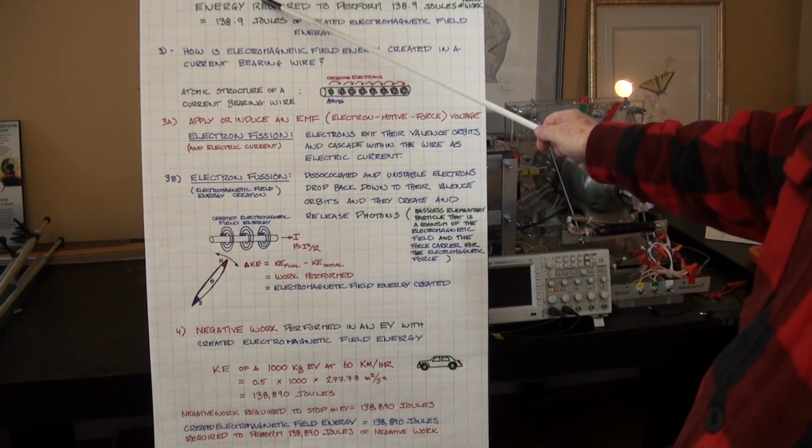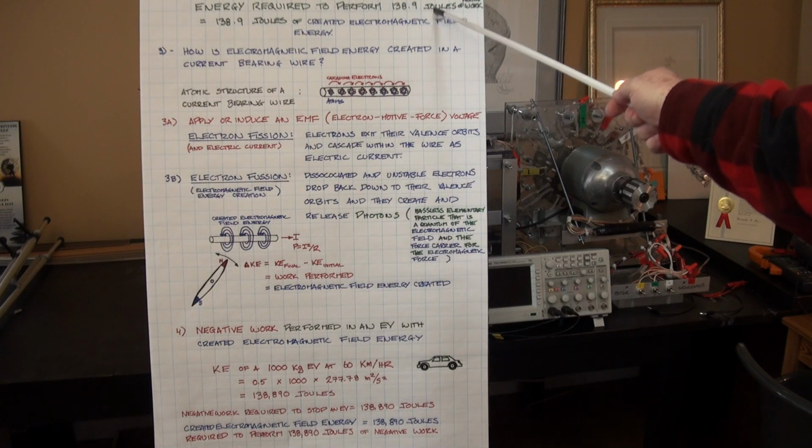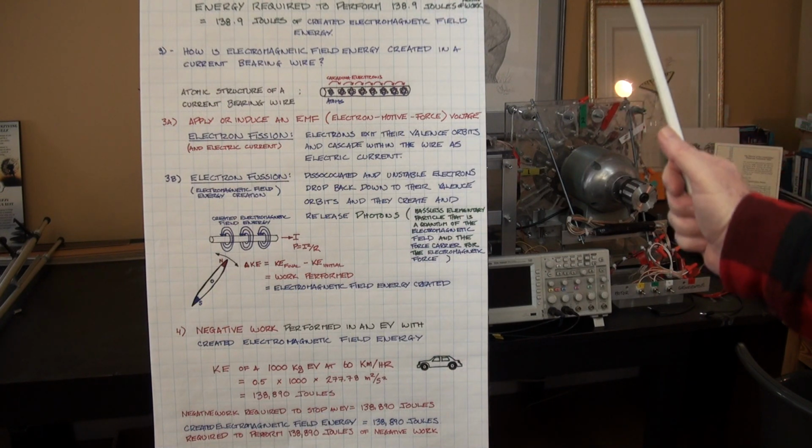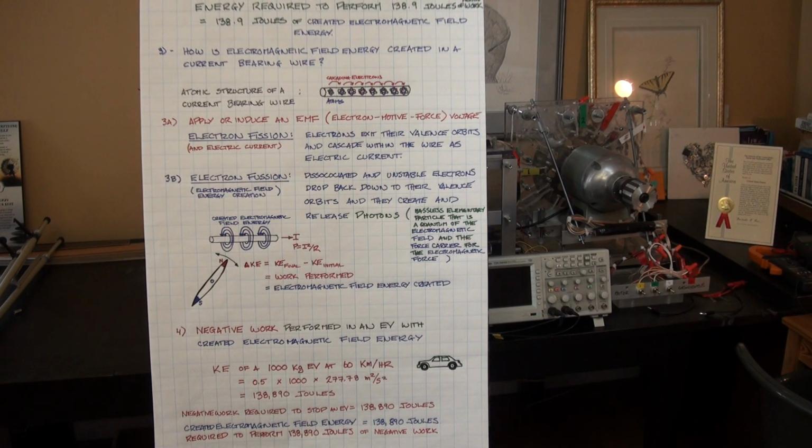So the energy required to perform 138.9 joules of positive work and increase the kinetic energy of the compass needle by 138.9 joules requires 138.9 joules of created electromagnetic field energy.